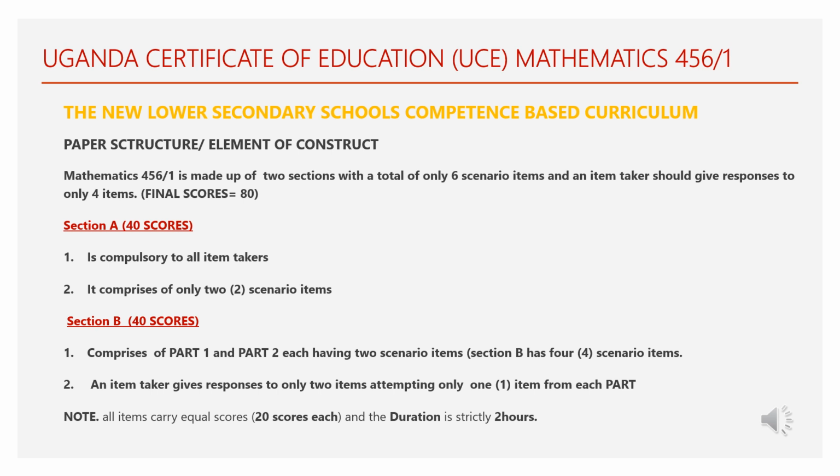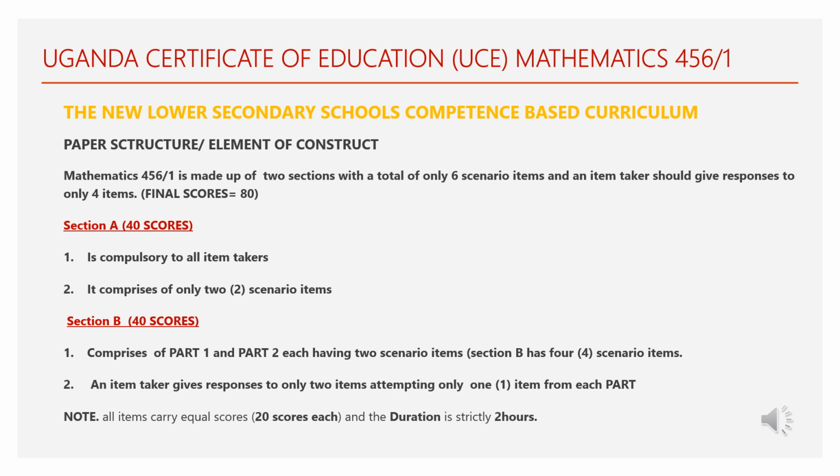Meaning in section B we have 4 items. And these 4 items, the learner must attempt only 1 item from each section. Meaning in total, the learner must have only 2 items from this. And without forgetting that each item is scored out of 20, meaning section B still has 40.